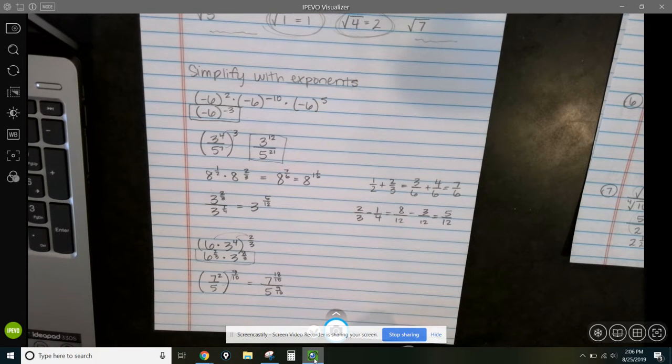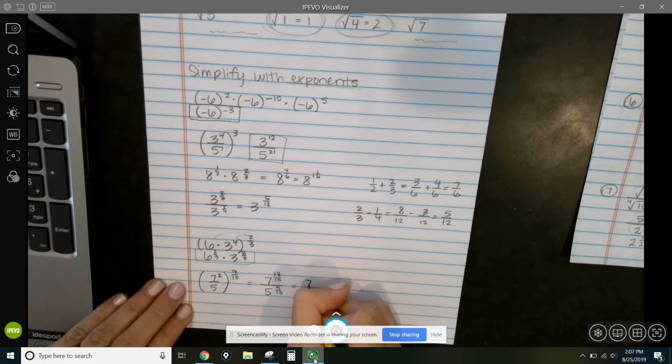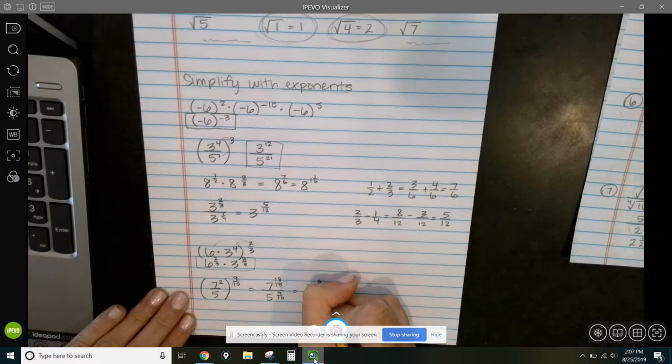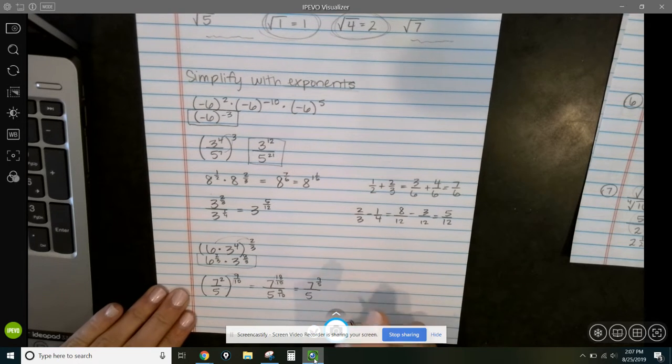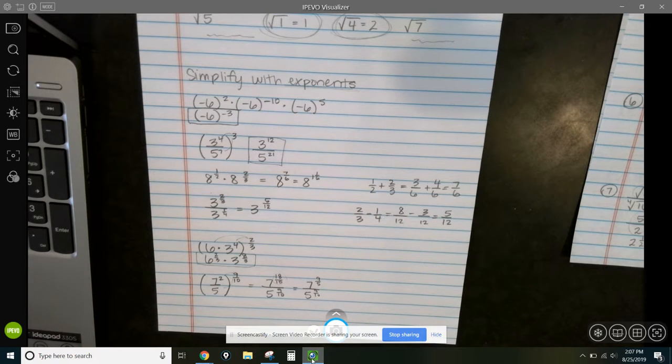And that's as simple as you could put it, keeping the exponents the way that they are. You could simplify this 18/10, I guess. You could simplify that to 7 to the 9/5, just to have a reduced fraction. So that is how you simplify those guys, keeping the exponents in the problem.